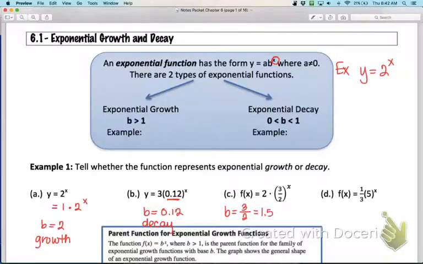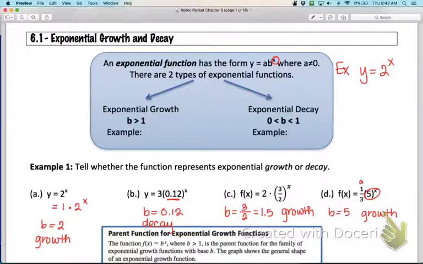So that's actually bigger than 1. That makes example C growth. And then for D, don't get distracted by a, because the 1/3 here is a. B is actually 5, and so this one is also growth. B stands for base. It's the base of your exponent. Whatever the base of the exponent is, that is b. That's what you're looking for.